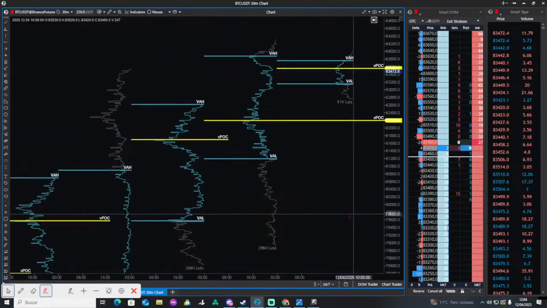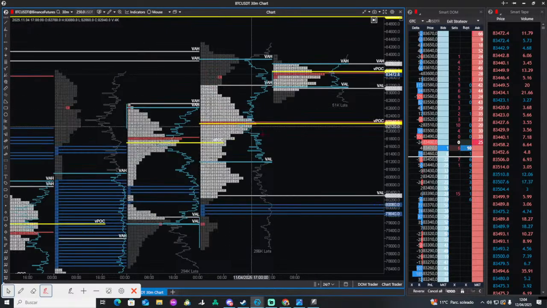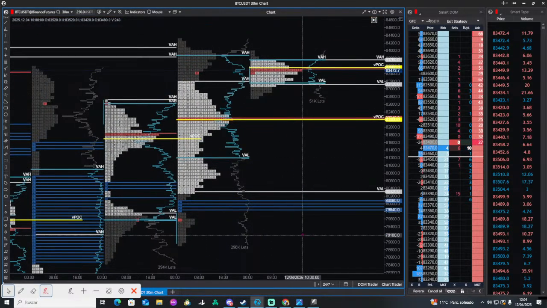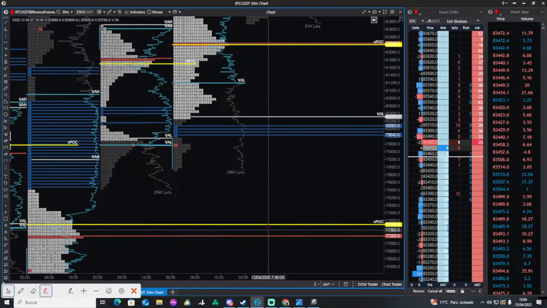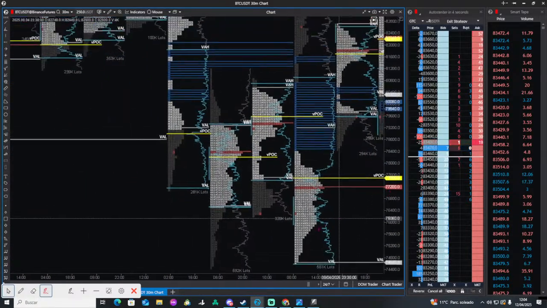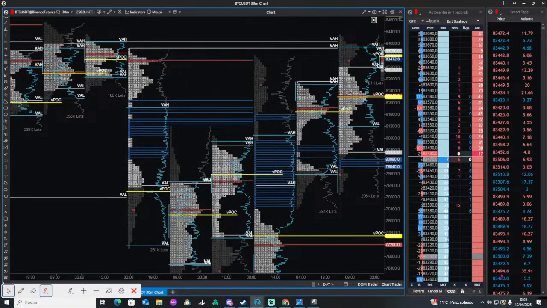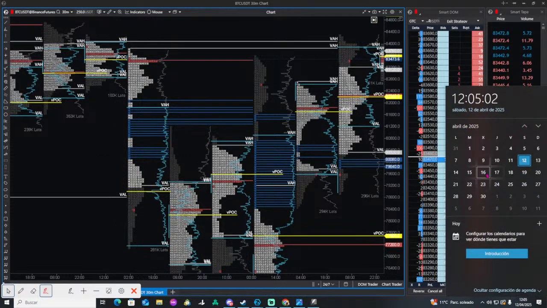Sometimes, and I want to put it together, it's also something to take into consideration, that volume profiles and TPOs are next to each other, but sometimes if I go back in time, you will see that they are different. This day, the 5th, I think the 5th of April, that was this Sunday, price had this type of distribution.